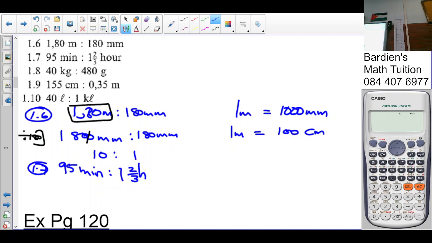So what do we do first? We convert that fraction to the smallest SI unit. Which one is longer? The hour. Which one is shorter? The minutes. We should convert to the smaller one. So how many minutes is 1 and 2/3 of an hour?